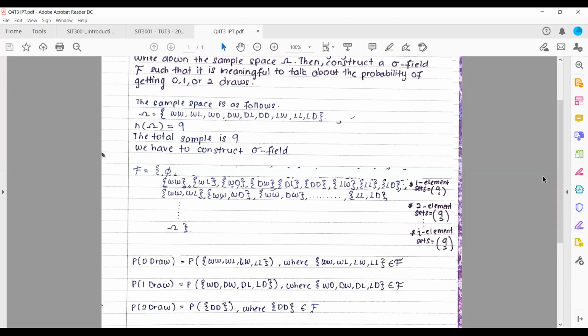That will be the probability of losing on the second match, so that will be LL, WL, or DL, right? Yeah. And that set is actually inside your sigma field. That's why you can talk about it.